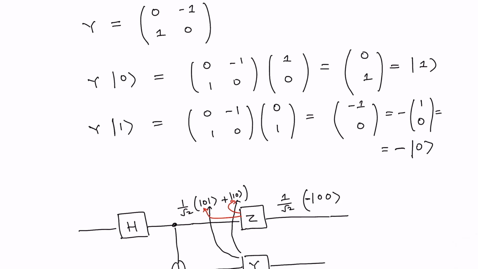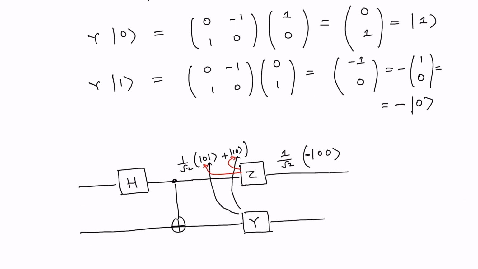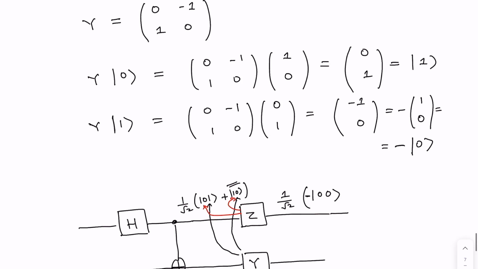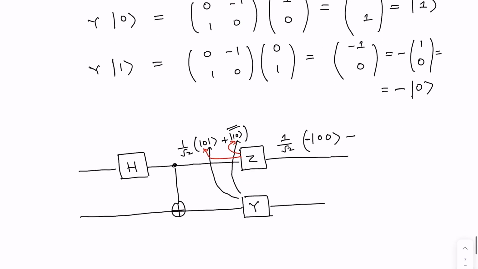This is what you will have, and Z is operating, if you look at the second term, Z is going to operate on the first qubit, 1. So if Z operates on 1, it's going to become minus 1. So you have here minus 1, and when Y is now operating on 0, it's going to become ket 1. So this is what you are going to get.